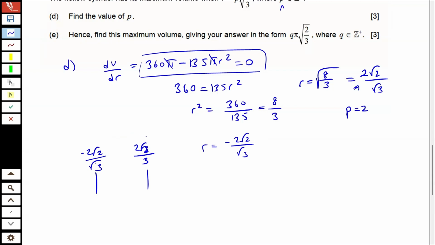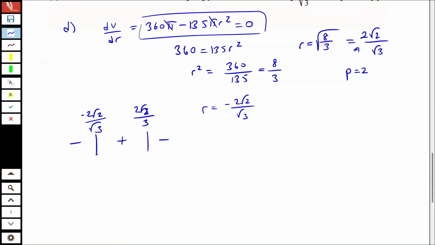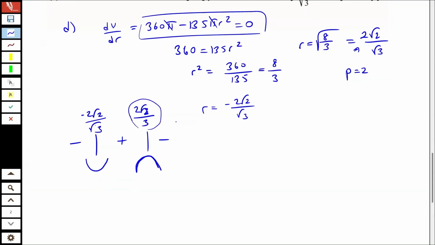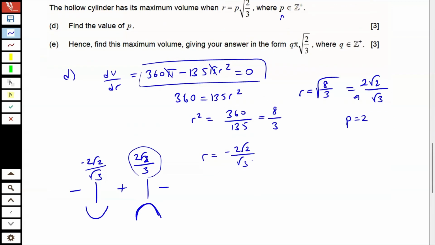We know that to the right of this value it's going to be minus, and here it will change its sign, be positive, and then again negative. So the function is decreasing and increasing here. This is the point of maximum because it's changing from increasing to decreasing. That's why this value is the maximum point.